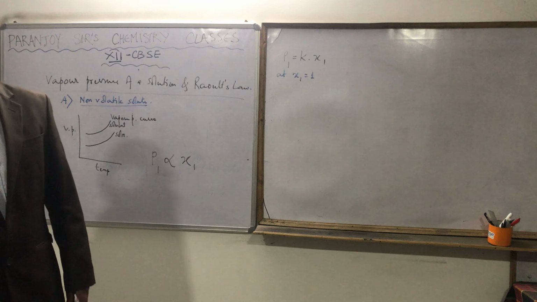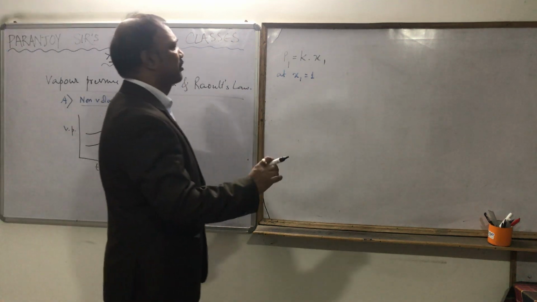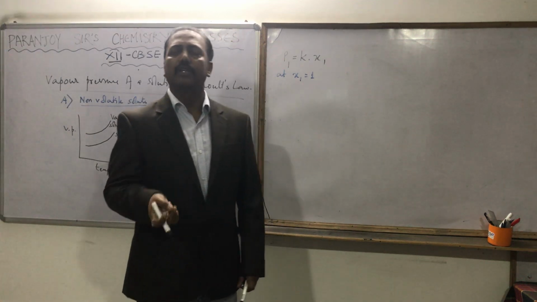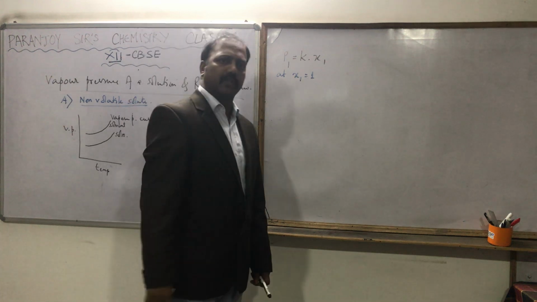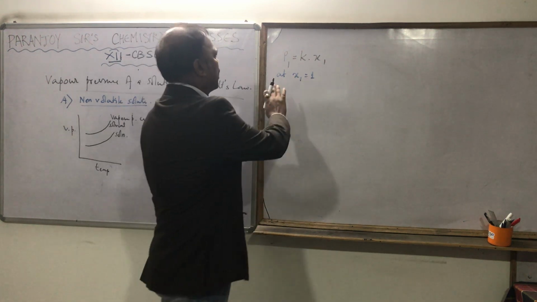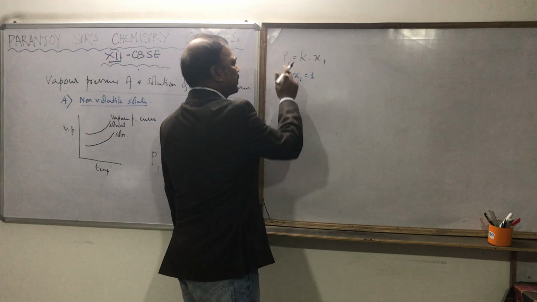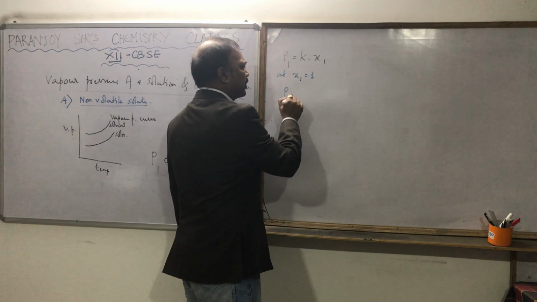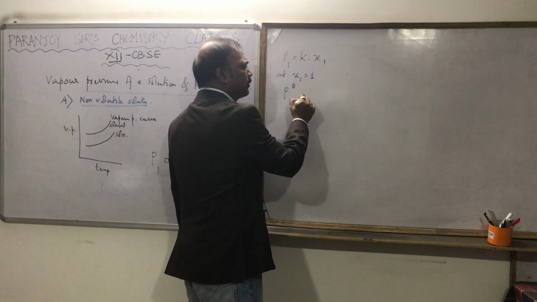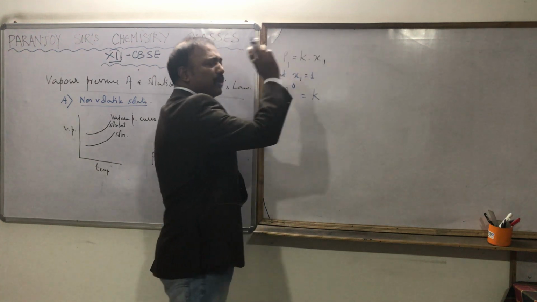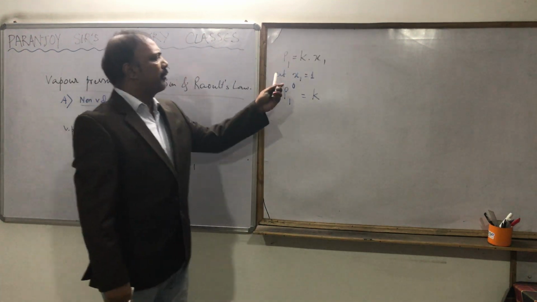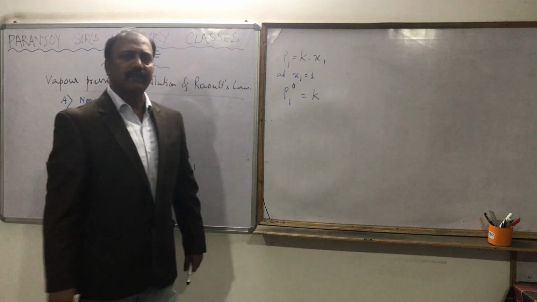When we are talking of the pure solvent. Mole fraction of the solvent is 1, means mole fraction of the solute is 0. There is no solute present in it. Okay? So x1 equal to 1 means the vapor pressure is nothing but the vapor pressure of the pure solvent, P10, should be equal to k, because x1 equal to 1. So by putting this condition we got the value of k.